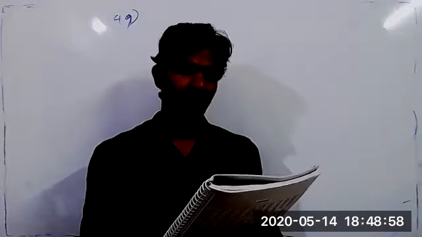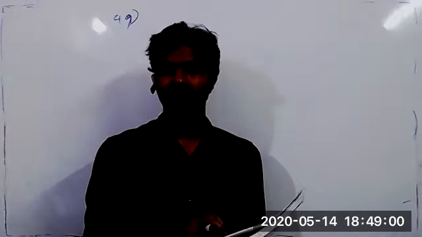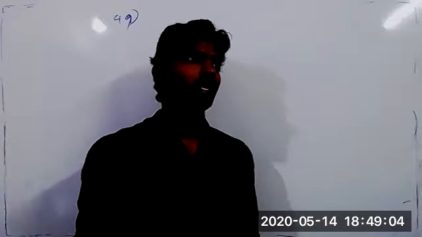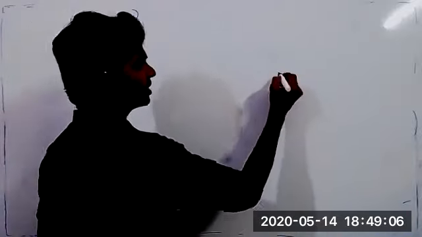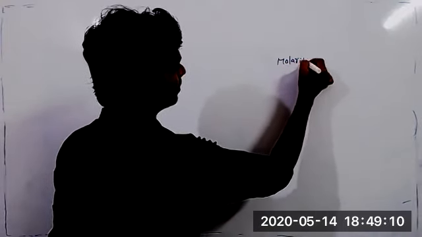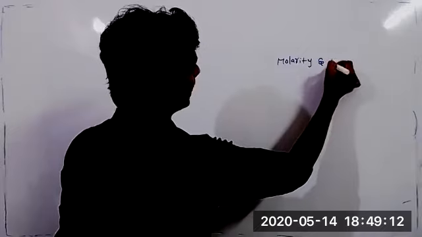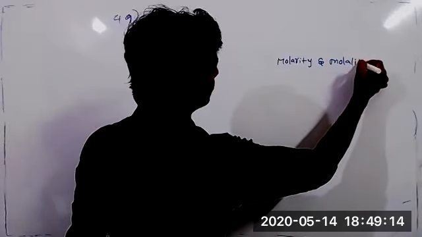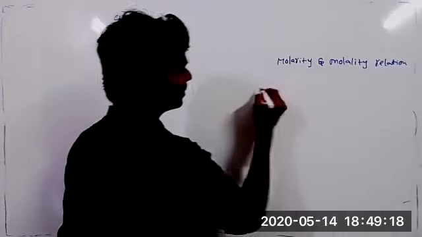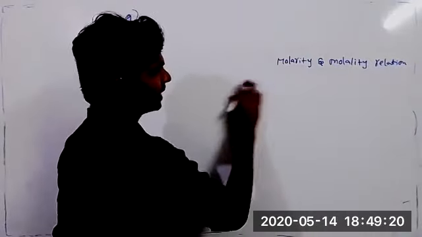The molality of the solution is? Here molarity is given, density is given, and the solute is also given; we have to calculate molality. Already I gave you the relationship between molarity and molality.